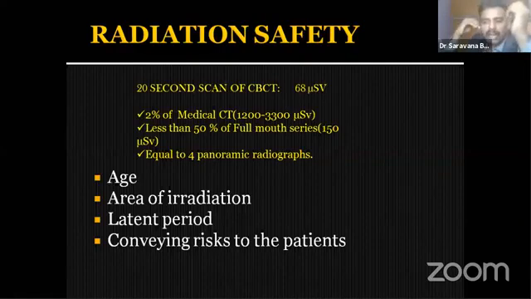If you want to take a single IOPA in a conventional film based imaging method, it requires around 8 microsievert. If you take the same IOPA in a digital imaging method, it requires only 2 microsievert. If you want to take an OPG, it needs around 14 to 18 microsievert.